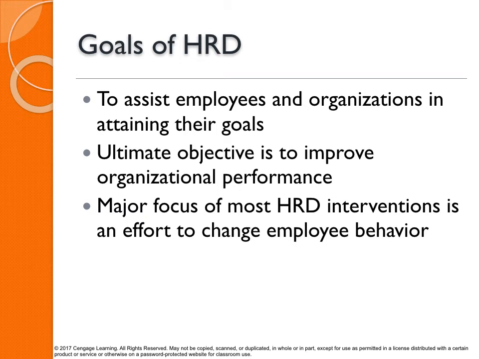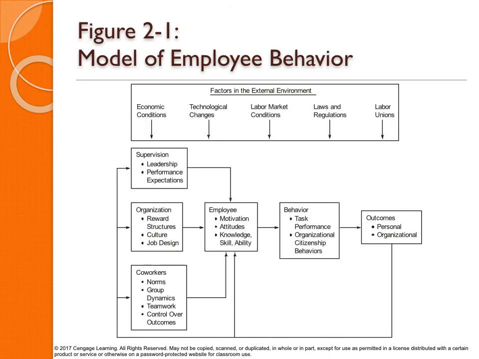And again, this is front lines, skill level. At the higher levels, management, leadership, executive levels, training has a little bit of a different focus. It is focused more on cognitive complexity, analytical skills, personal development, etc., etc. But a lot of the frontline HRD interventions are about employee behavior.